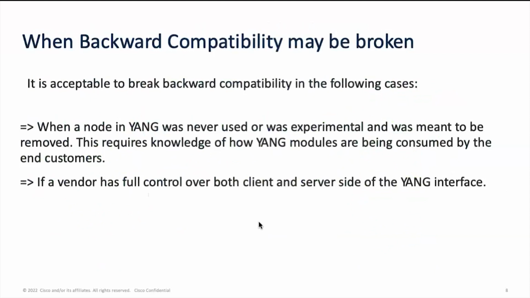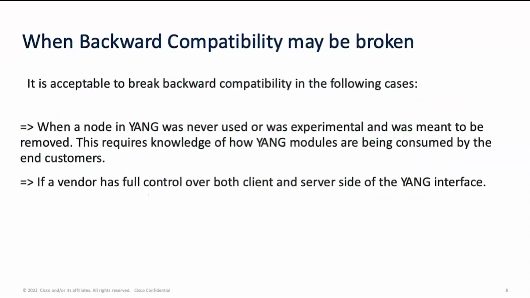So there are some cases when we can break backward compatibility, or we need to break backward compatibility. These cases can be described in the following two points. When a node in Yang was never used or was experimental.